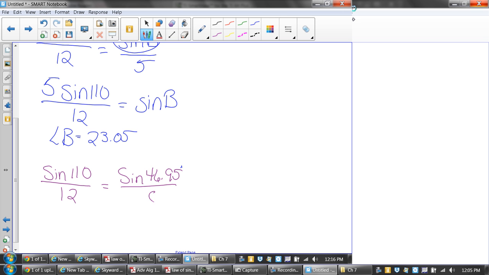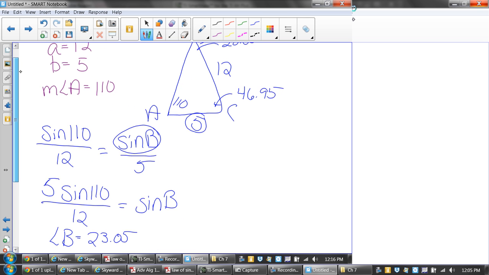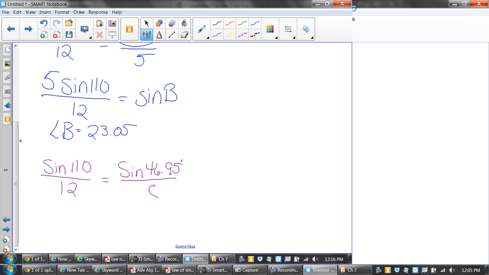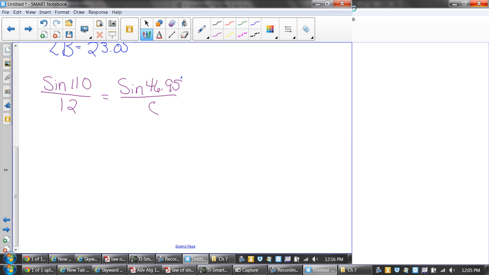Divide that by little c, because that's what we want to solve for. Right? Yes. Okay? Do cross multiplication. So C is what? 12 sine of 46.95 all over sine of 110.